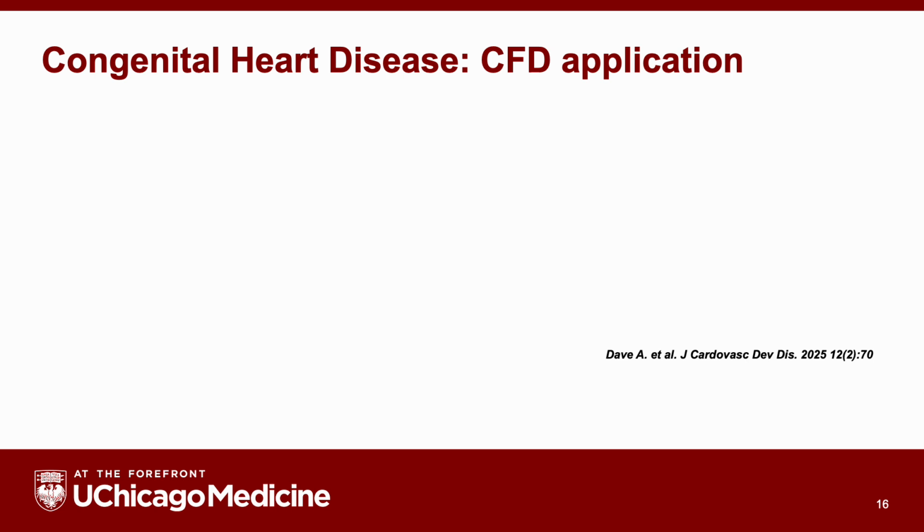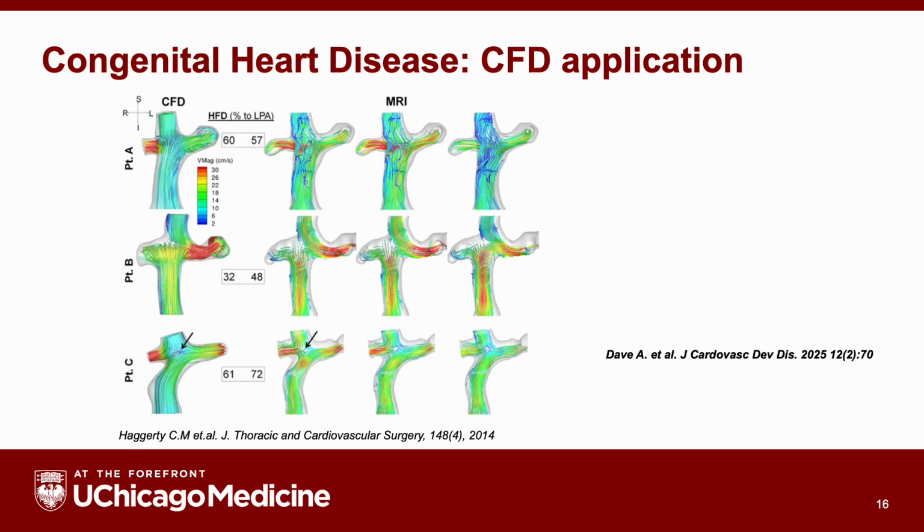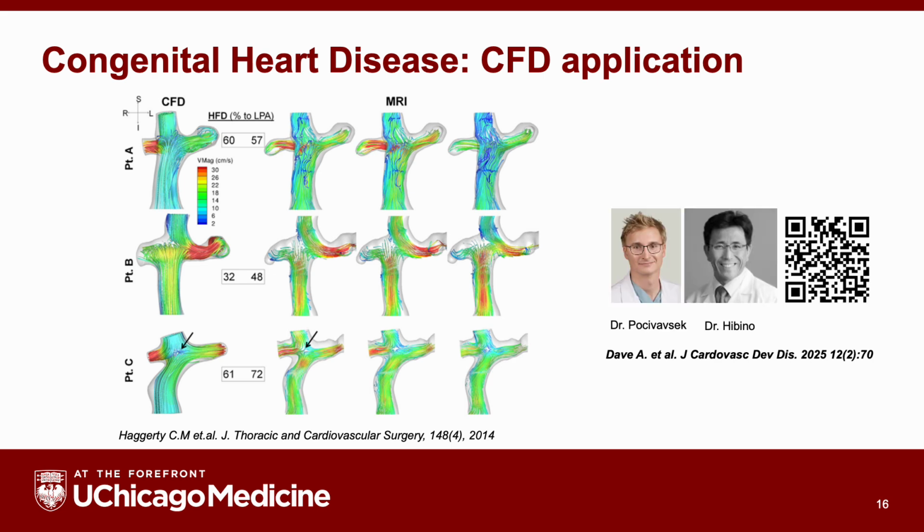The computational approach that we have applied to study AVM can also be conveniently applied to study interventions for congenital heart disease. For example, previous work has shown that CFD can accurately capture the fluid dynamics in the Fontan procedure. This figure compares the flow field between CFD simulation and MRI for 3 different patients.